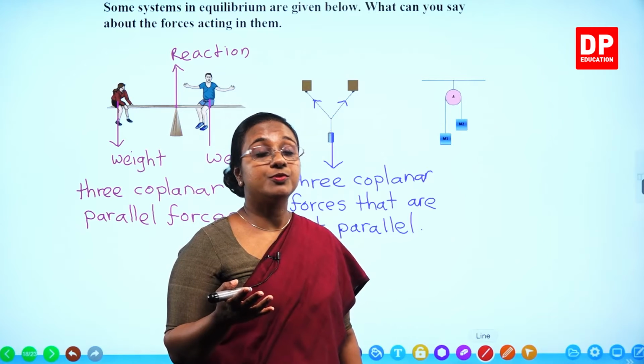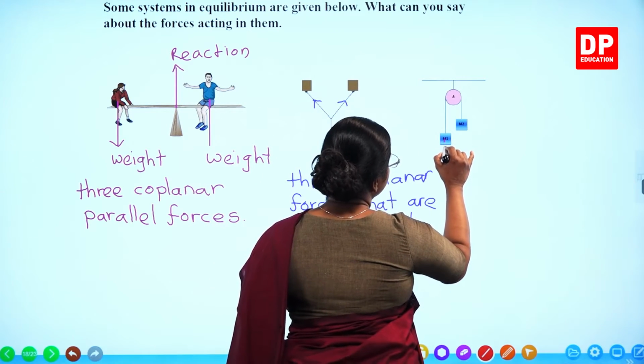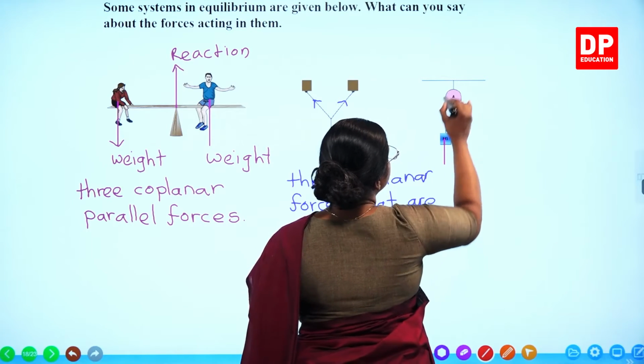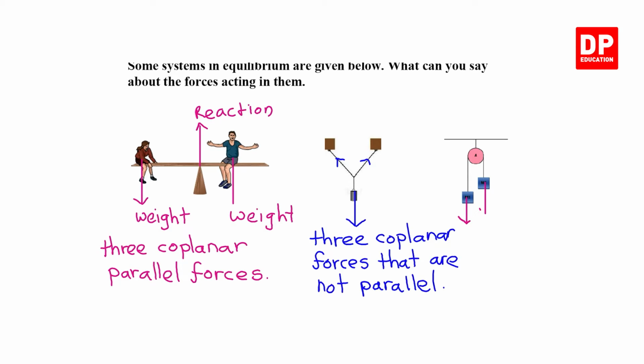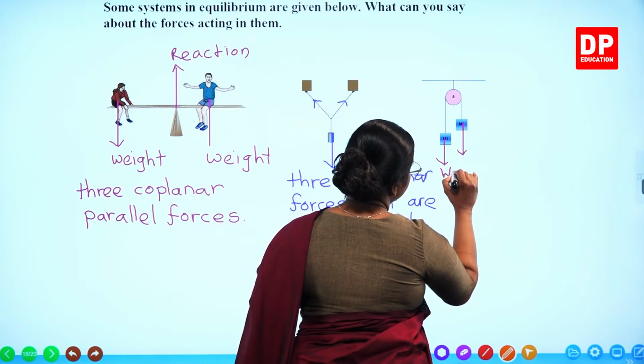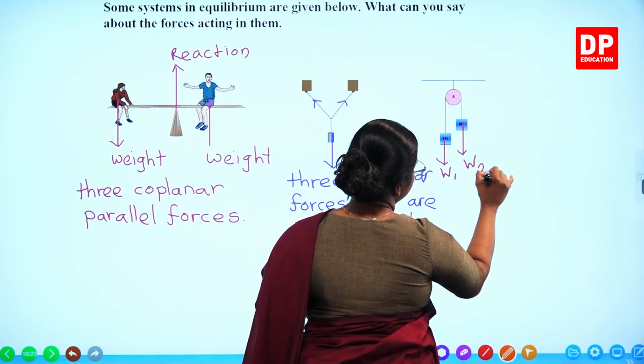So, what are the forces going to be? In this, you can see the weight will act downwards, the weight of the 2 objects. Since this is M1, I will write that as W1. This is M2, so this is W2.